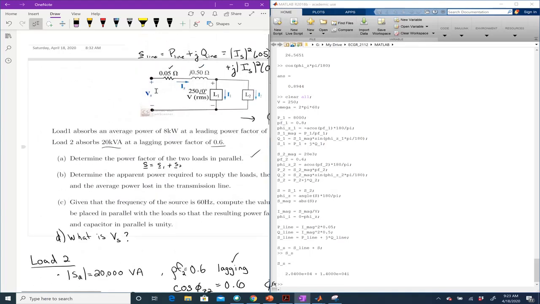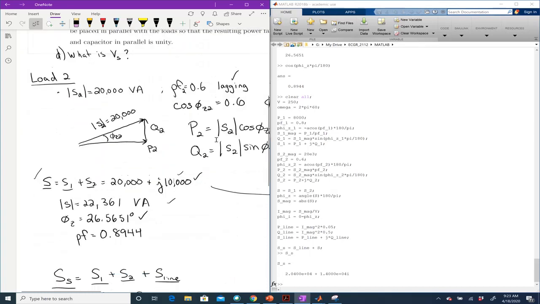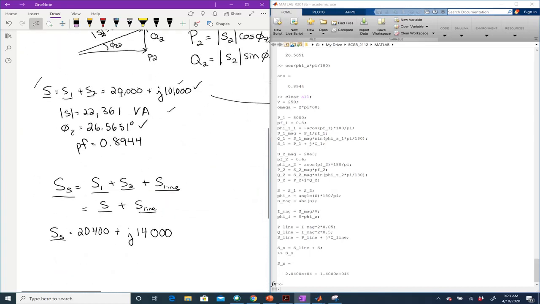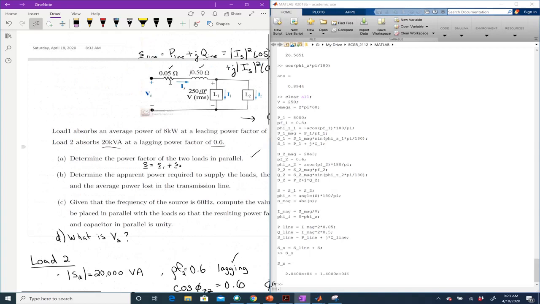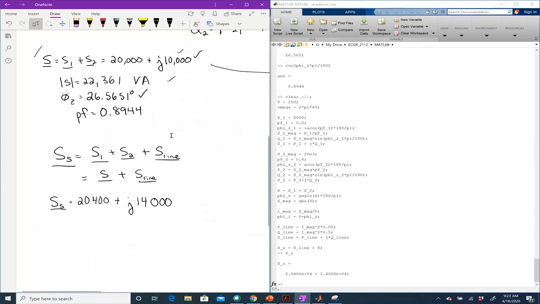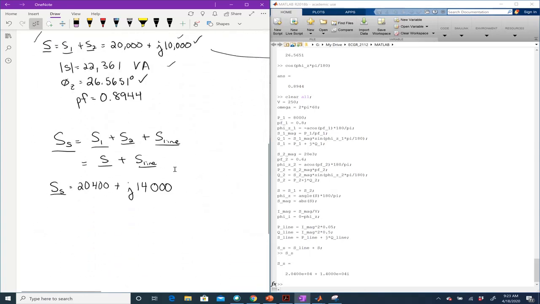So when I say an extra 400 watts, well, remember the combination of the loads only needed 20,000 watts plus 10,000 VARs, but the source has to give me 20,400 and 14,000. So the source is having to give me more complex power than my load actually needs because of this sort of non-ideal line. All right, that's basically what this is saying.